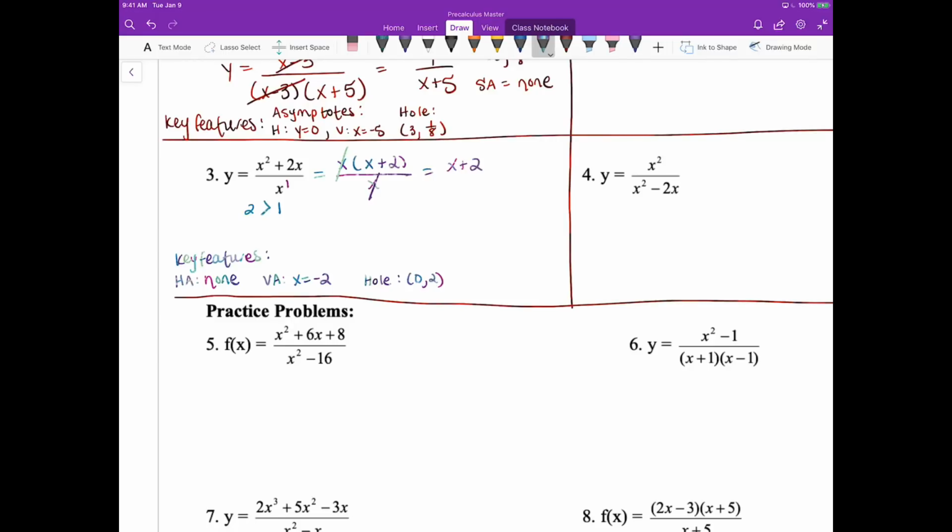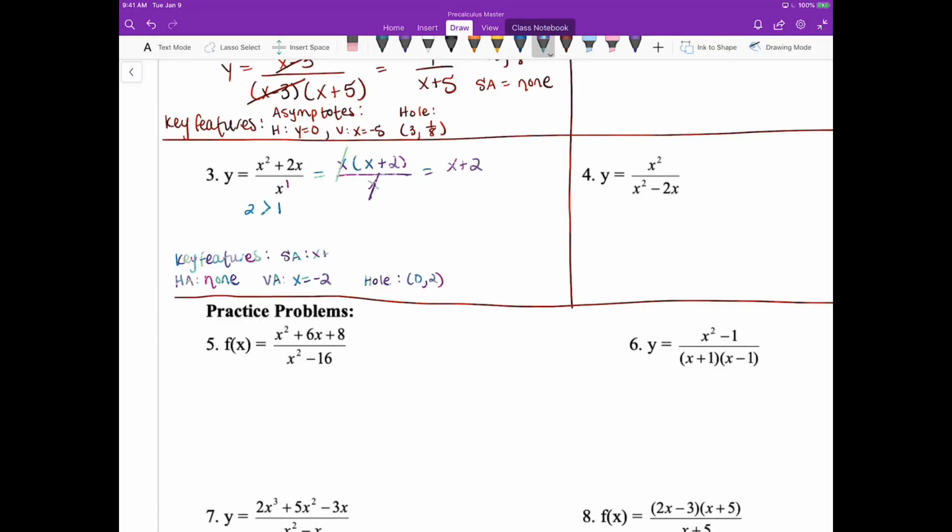And technically, because when we divided, we got x plus 2 with no remainder, and because we still divided, that means that x plus 2 is the slant asymptote because it's approaching that line.